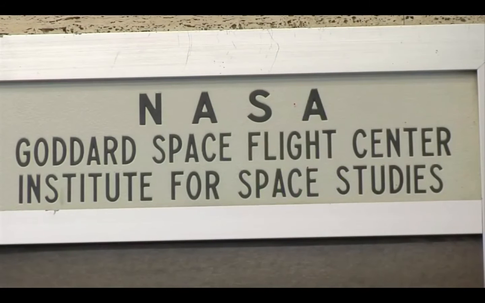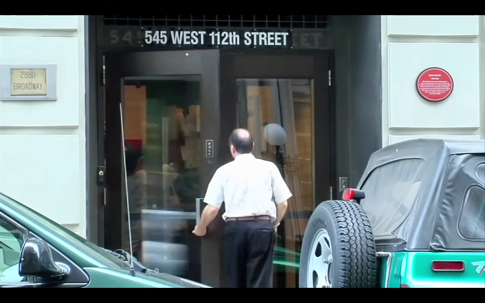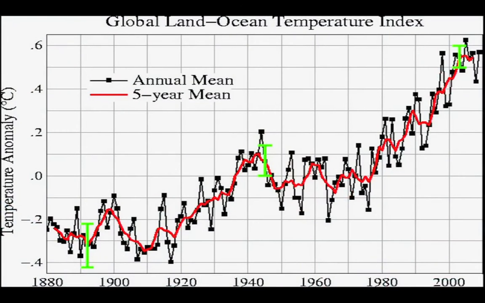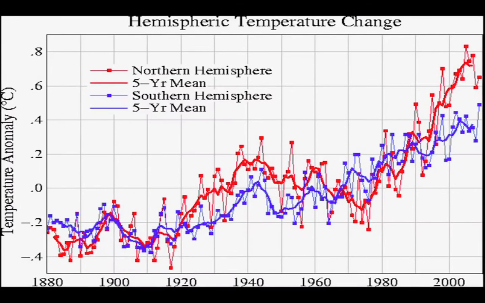Climate scientists at NASA's Goddard Institute of Space Studies, or GISS, just released a new analysis of global average temperatures, showing that 2009 was tied as the second warmest year ever recorded. And looking just at the southern hemisphere, 2009 even broke the record as the warmest year ever in this half of the world.